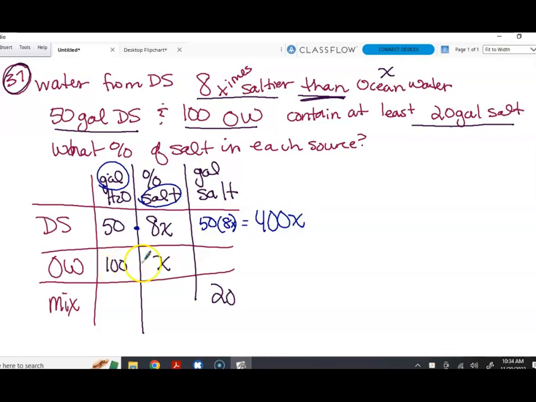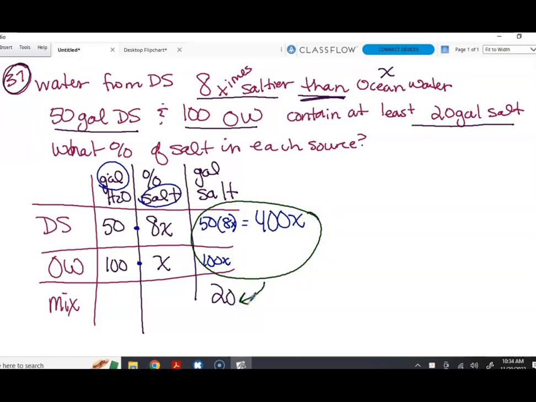And then we've got 100 times x, which is just 100x. So far are we good? Okay, the table helps.